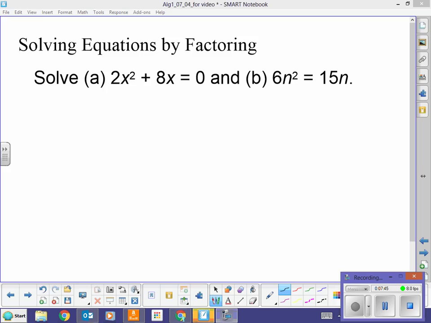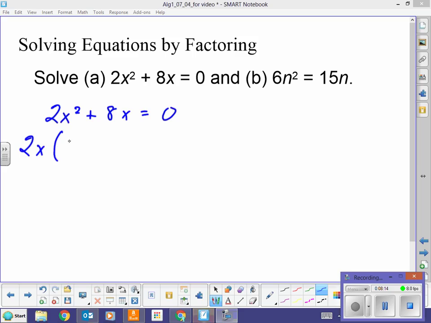Well, here we have actually now polynomial equations. And we're going to solve these by factoring. We're going to factor first and then use the zero product property to solve. For 2x squared plus 8x, my greatest common factor is going to be 2x.